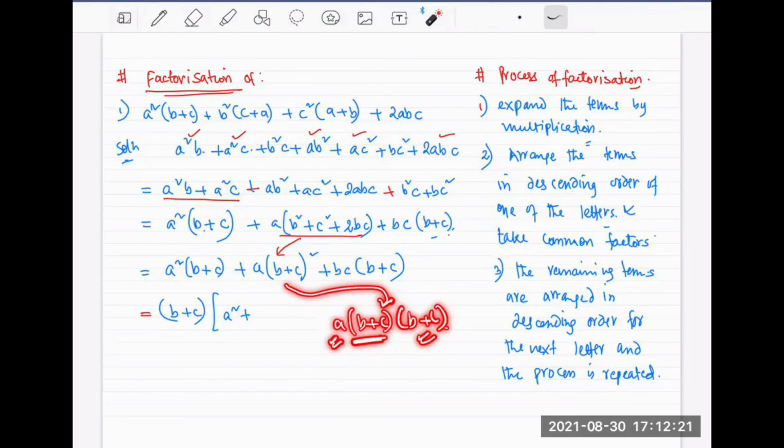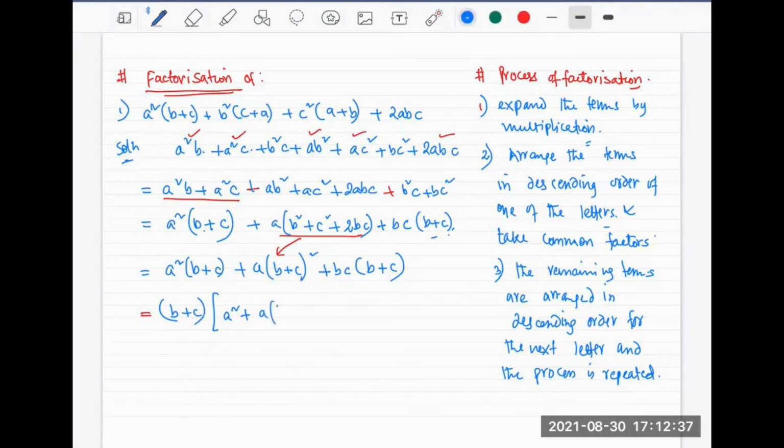Out of the two b plus c, one b plus c is already taken out as common factor. So the square will be removed because one of them is taken out already. We will have a whole b plus c, plus. This is taken out already also. So what is remaining here is bc. Okay, this part is done. Second part is done here also. We have already taken out the common factor from these three terms.